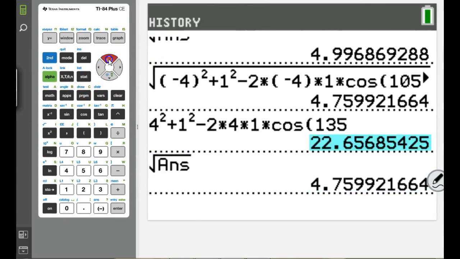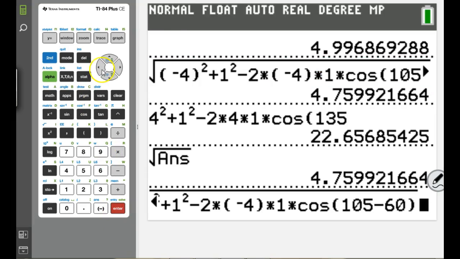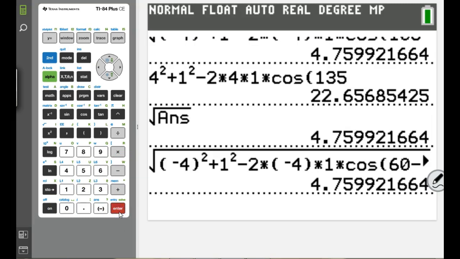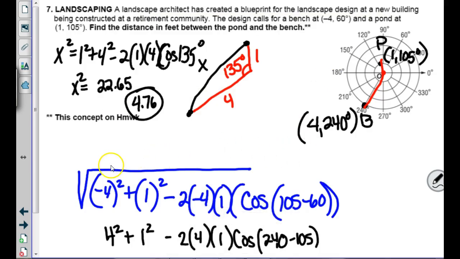Let me go back and do one more thing. What if I did this one and I made it 60 minus 105? I think it should still work. Okay, everybody happy now? It still works no matter which way you type it. I'm happy now. The video is extraordinarily long because I can't put my calculator in degrees.